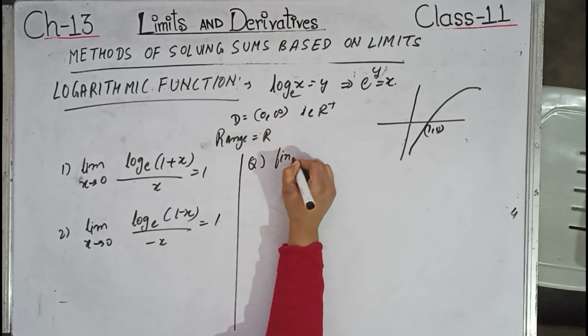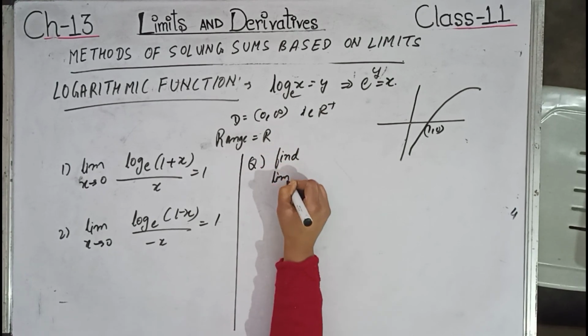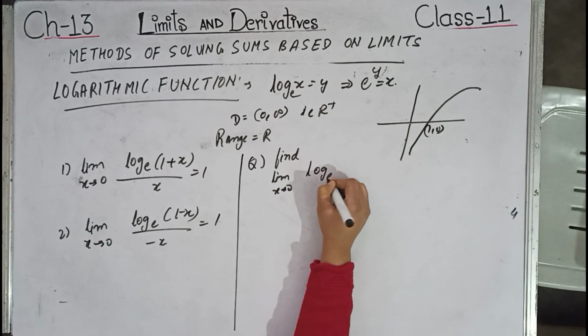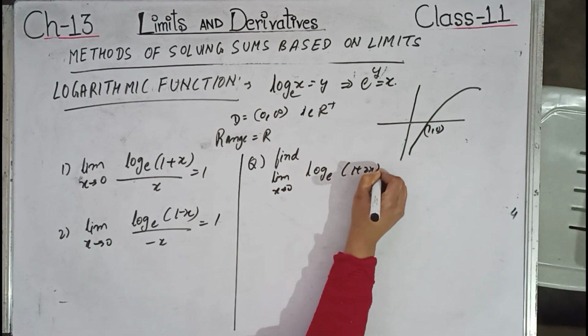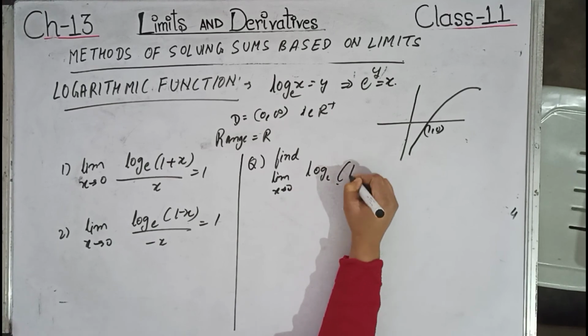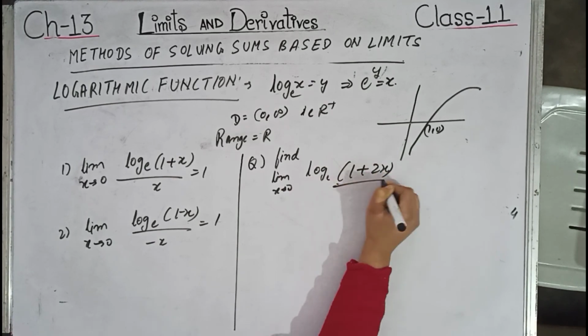Find limit x tending to 0, log base e of (1 plus 2x) by x.